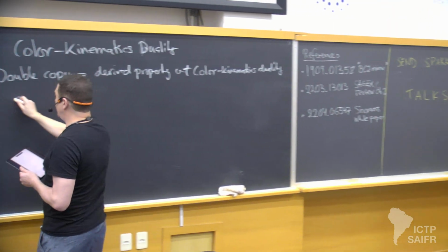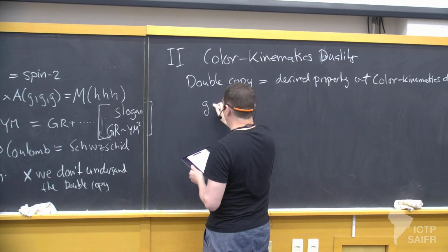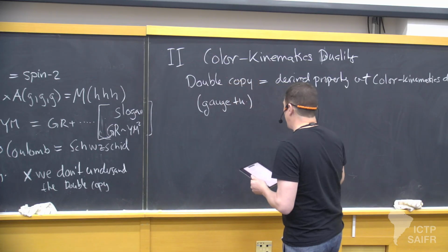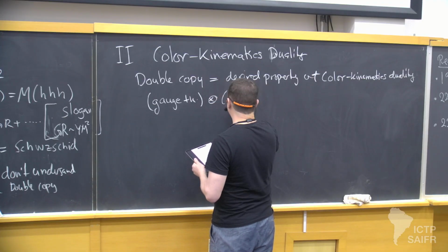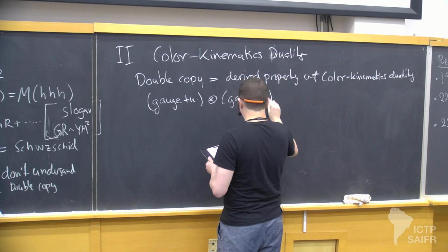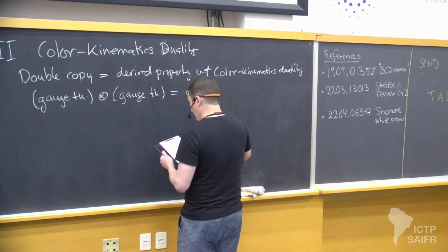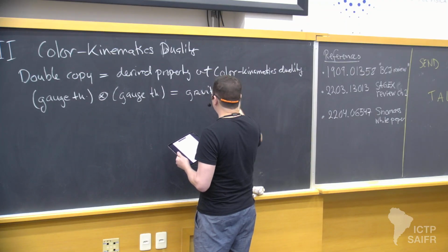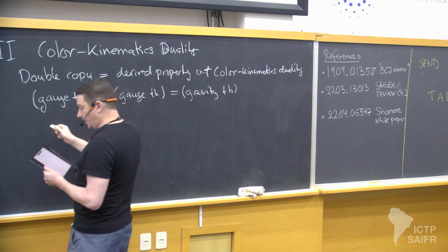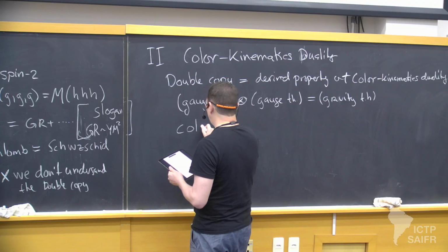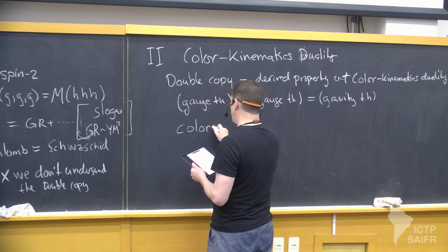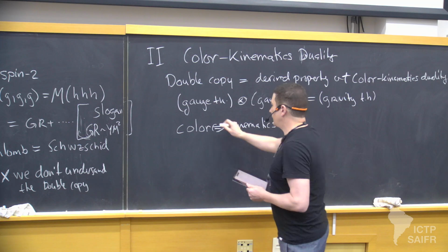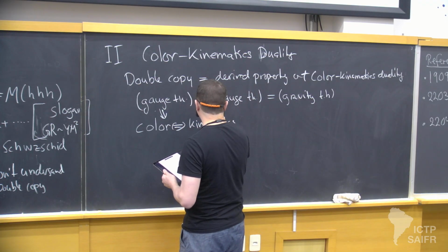In the sense that, in order for us to take a gauge theory, and here I don't necessarily mean Yang-Mills, it could be some other gauge theory, in order to do the double copy with this gauge theory, in order to get some gravity theory or something that is similar to gravity theory, you have to require certain properties of the gauge theory, and this is the property that there is some kind of duality or similarity between color and kinematics in these gauge theories, and also the other one in principle.